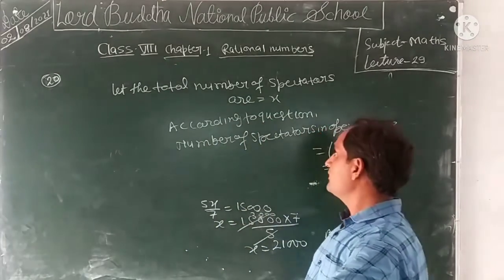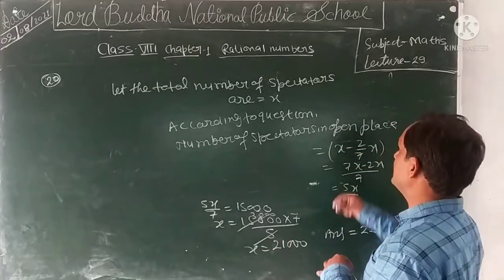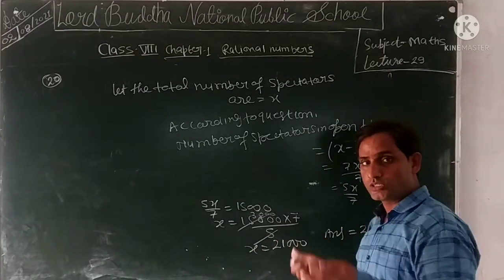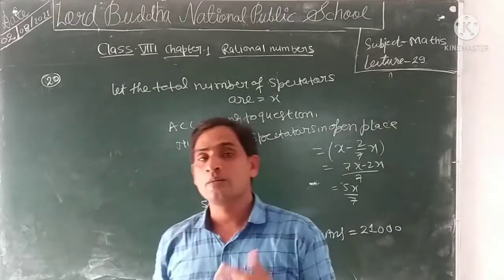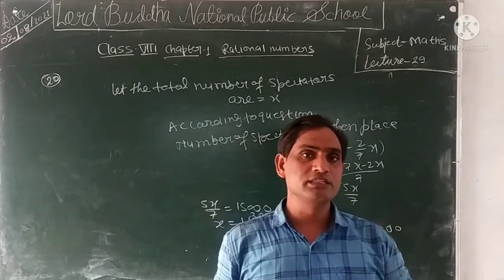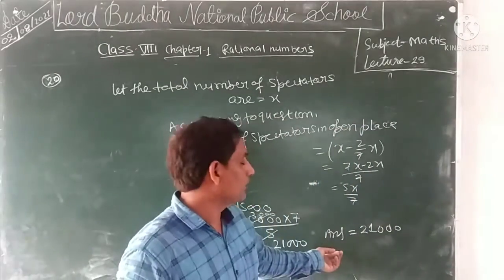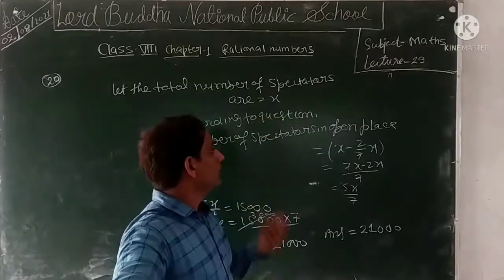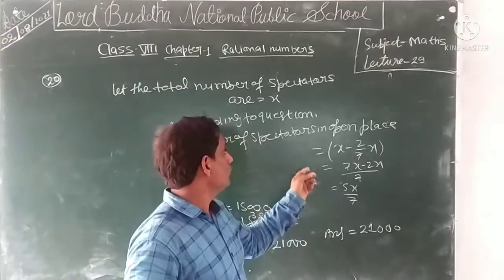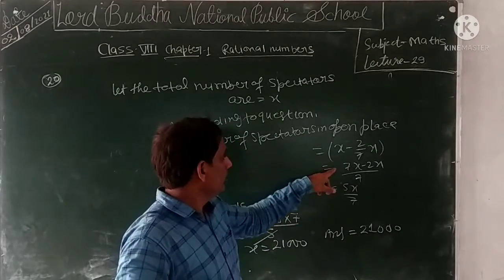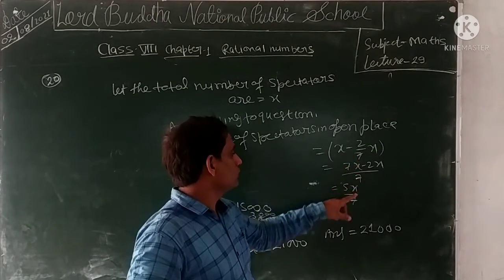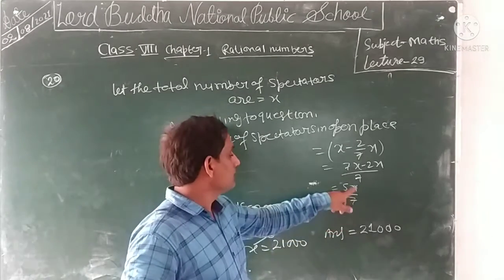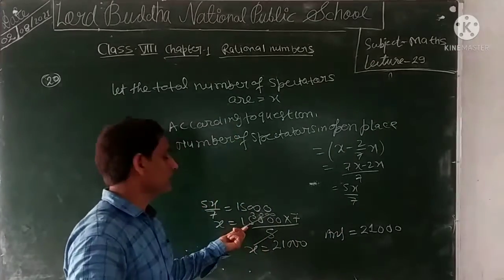The number of spectators sitting in covered place is 2/7 of the total, while the number of spectators sitting in open place is 15,000. If we let the total number of spectators be x, then the number of spectators sitting in open place will be x minus 2/7x, which is 5/7x. And this value is given as 15,000.